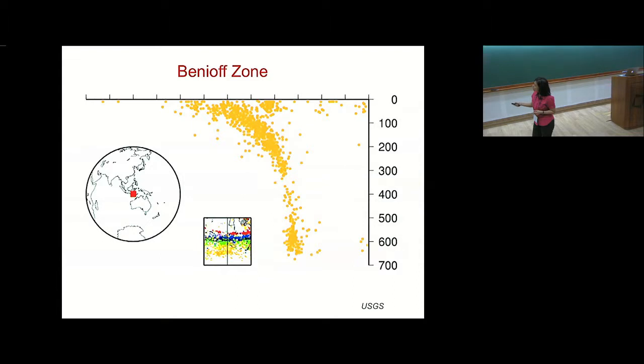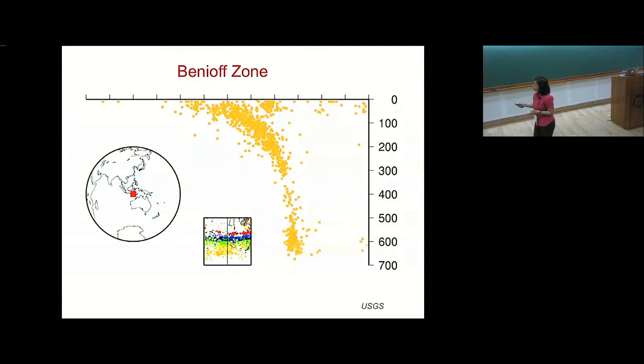And what I show you here is, again, the vertical axis is depth, so it goes from the surface to 700 kilometers, and the horizontal axis is the distance. And these yellow dots that you see are individual earthquakes, okay? So what I'm showing you is the earthquake distribution with depth in this region of the Earth.